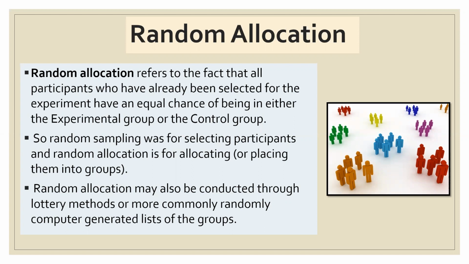Random allocation is not random sampling. Once the participants are in the study, once we've chosen our 30 or 40 participants, random allocation is allocating them to the experimental group or to the control group.